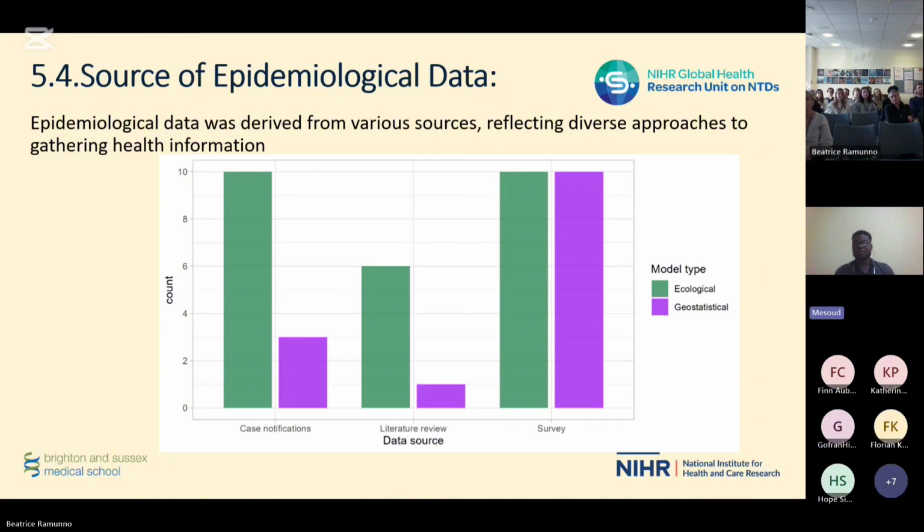We categorized them into three types: case notification, literature review, and survey. In ecological niche models, most of them use surveys and case notifications, and in geostatistical models, they use literature review and notifications.